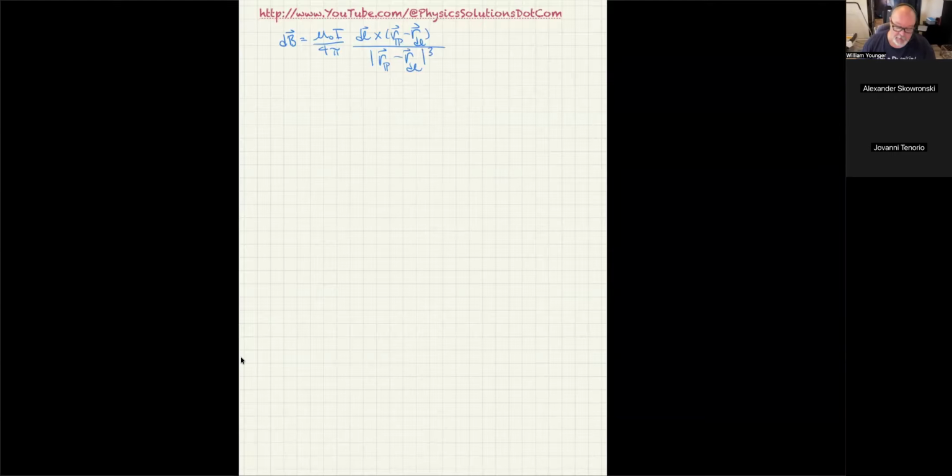Because I've got an rp minus rdl in the numerator, that makes the number of magnitudes of distances in the denominator equivalent to 2. So it's a 1 over r squared law, just like Gauss's law results in, but like Coulomb's law, where you had k Q1 Q2 over r squared. This is essentially the equivalent of r squared.